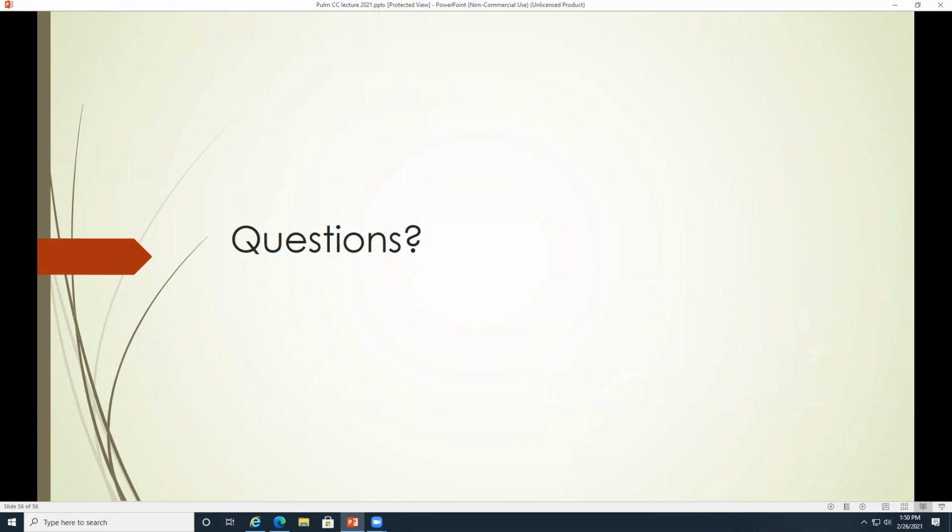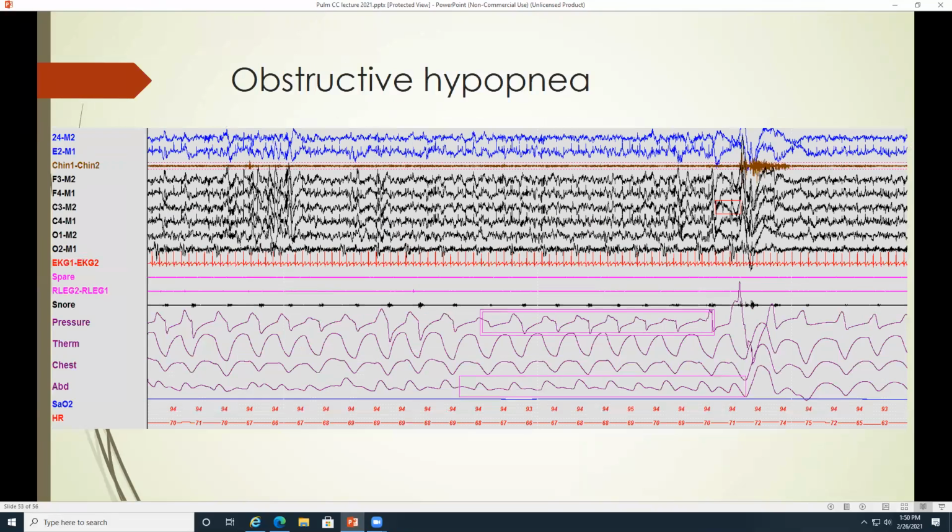If it's a really small arousal, like this one, the patient went right back into what is basically N2 sleep, but you would still have to score it based on what it is. If they arouse and then in the next epoch there were no K complexes or spindles, you would score it as N1. If there was a K complex, you would score it as N2 at that point.